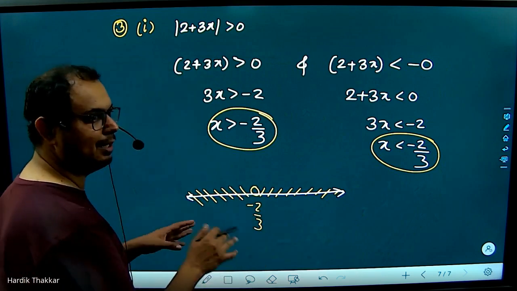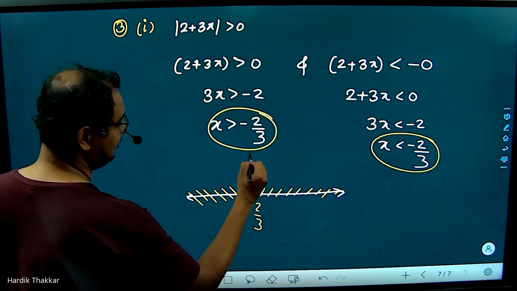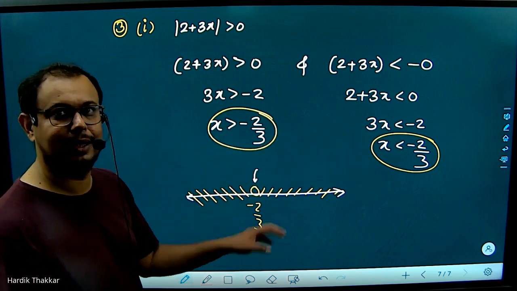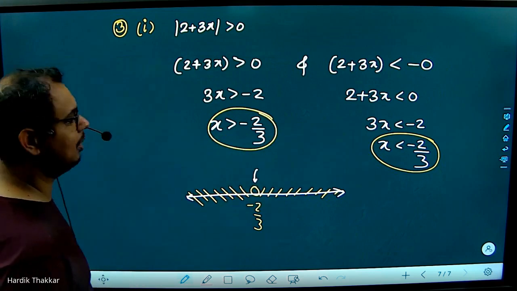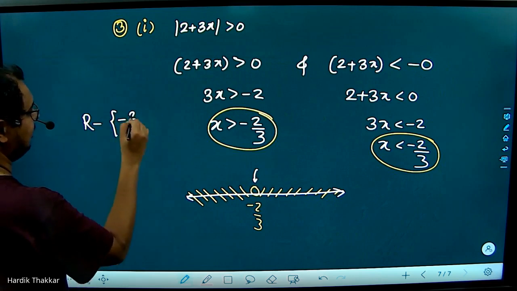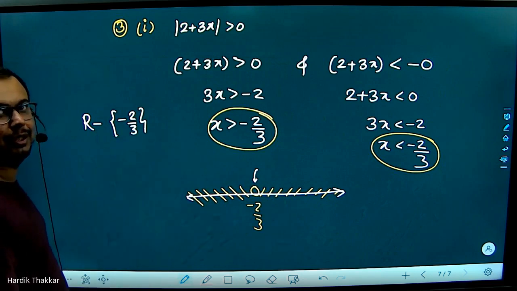So the complete number line will get shaded except the one point, that is minus 2 by 3, because it is not included in both the cases. So our solution is R minus {minus 2 by 3}, meaning the set of all real numbers except minus 2 by 3. Okay.